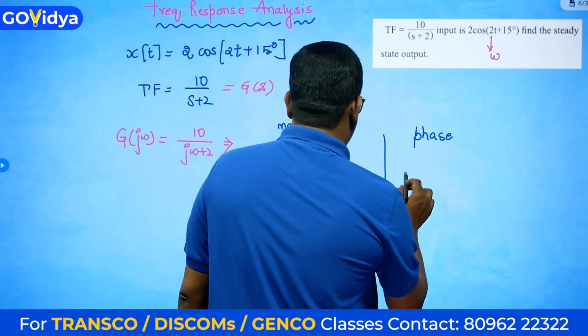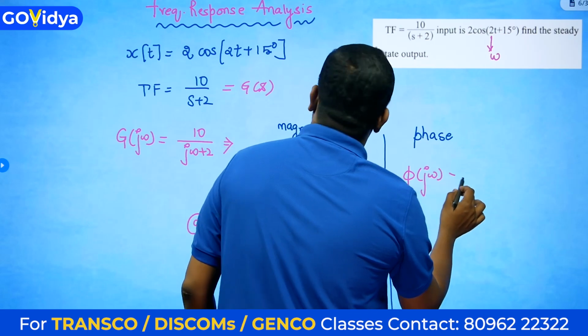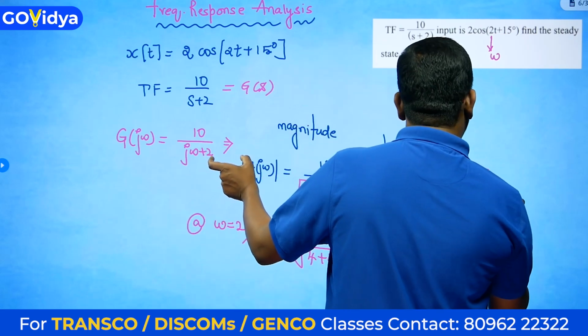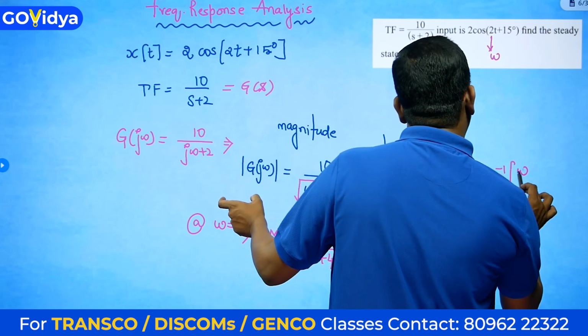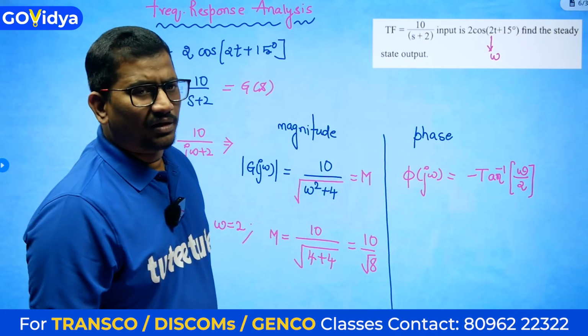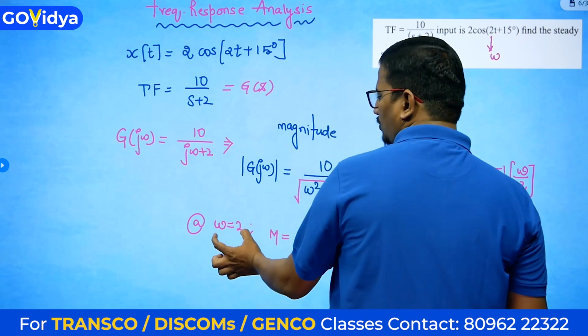Similarly, the phase phi of j omega. From this, how to write that? Minus tan inverse of imaginary by real, right? That is how we are going to calculate the phase. Now at which omega? Omega equals 2.